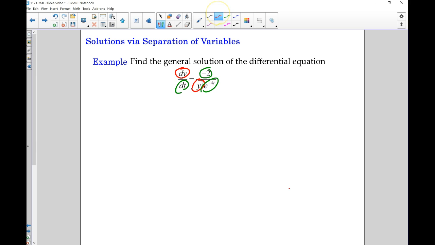If I separate this now, I would have to multiply by y squared to both sides. I'm just going to do this one step at a time so we don't lose track of the algebra. Y squared dy over dt is equal to negative 2 over e to the minus 4t. Just to make my life easier, I'm going to write this right hand side as negative 2 e to the 4t.